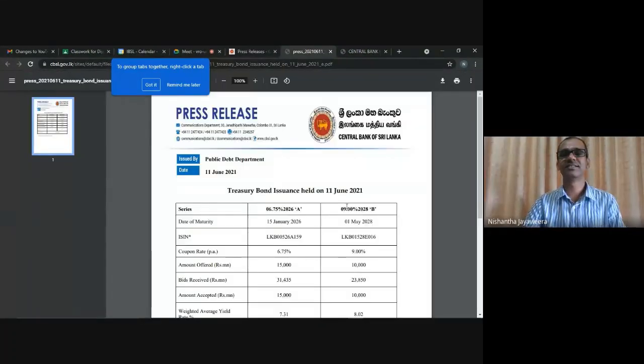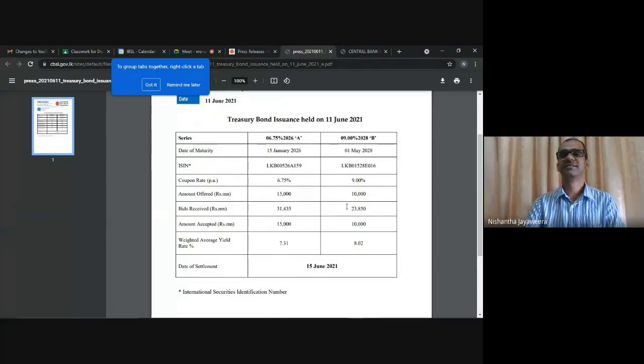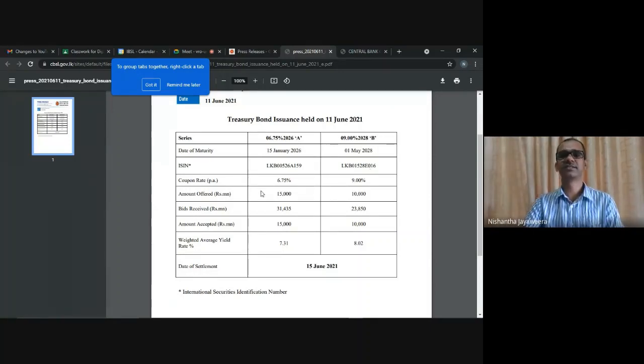So this is the press release after the bond issue. This is the series they offered: 2 series, maturity dates, ISIN numbers, coupon rates, amount offered, bids received. Say, 15 billion was offered. Bids received were 31 billion.